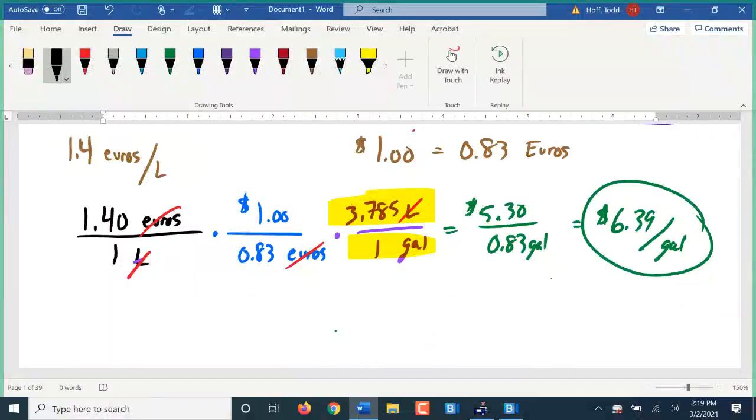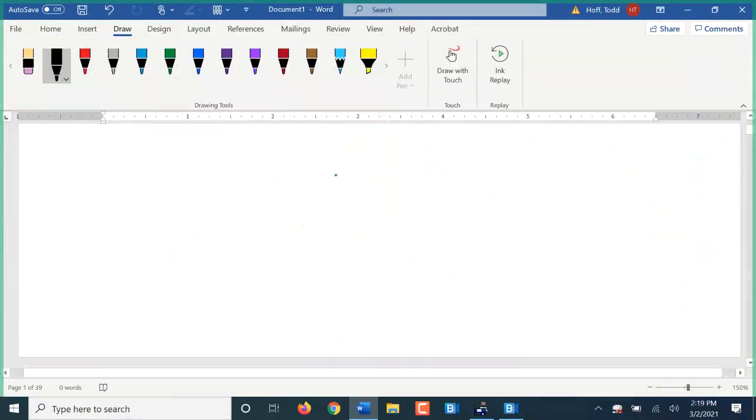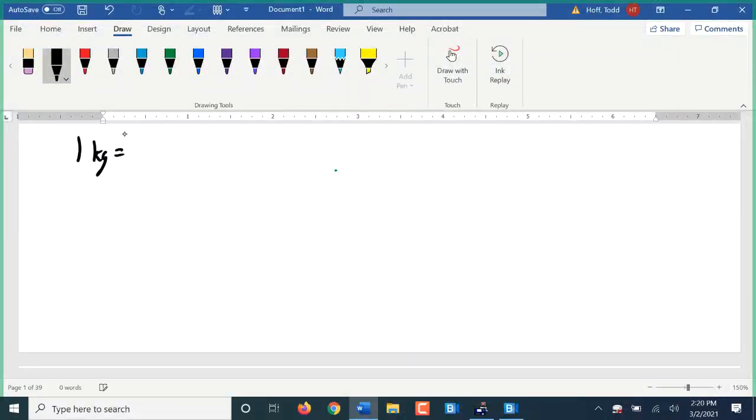other conversions that are very common. 1 kilogram is equal to approximately 2.2 pounds. It's technically 2.205 or something like that, but 2.2 is close enough. So if you go to the doctor and you weigh 120 kilograms, how much do you weigh in pounds?